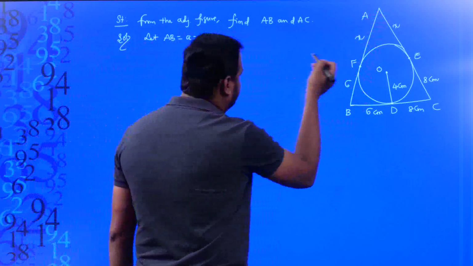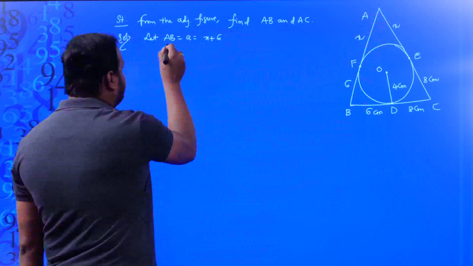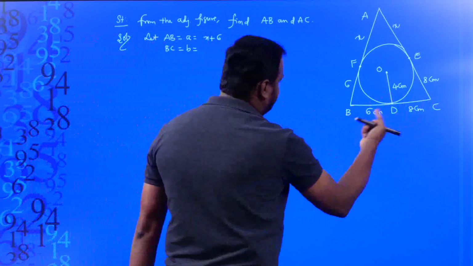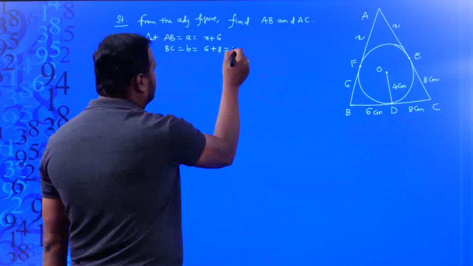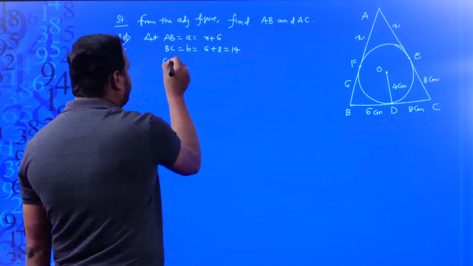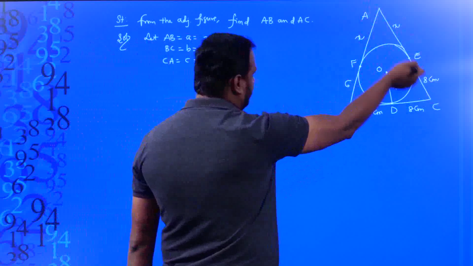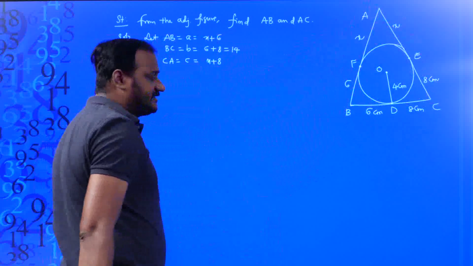AB is equal to x plus 6, so this is x plus 6 centimeters. BC is equal to small b, but what is the side BC? 6 plus 8, which is equal to 14. And what is side CA? Side CA is equal to small c, so CA is going to be 8 plus x or x plus 8. So these are the three sides.